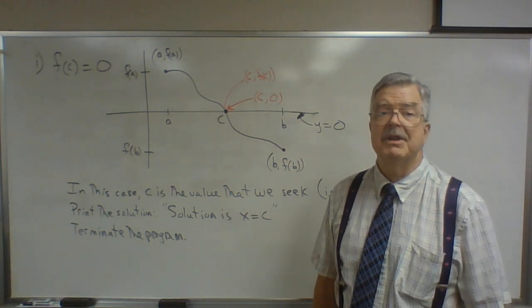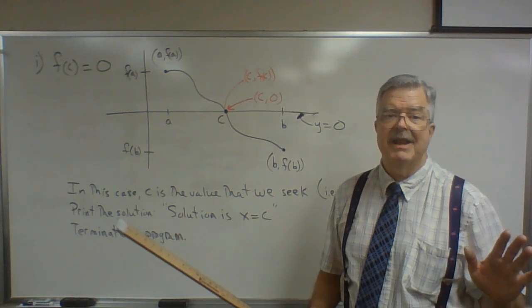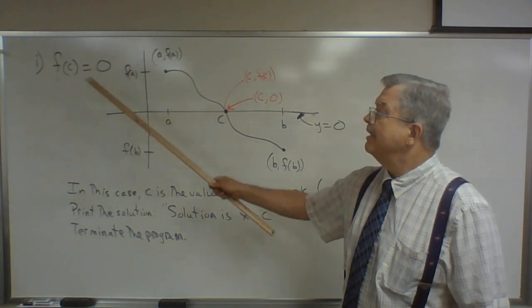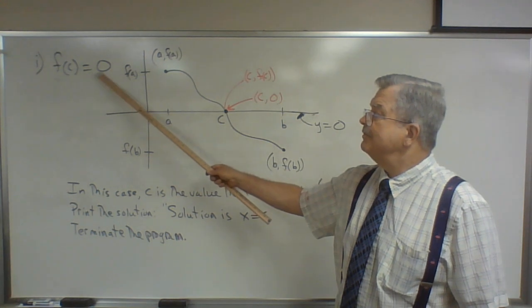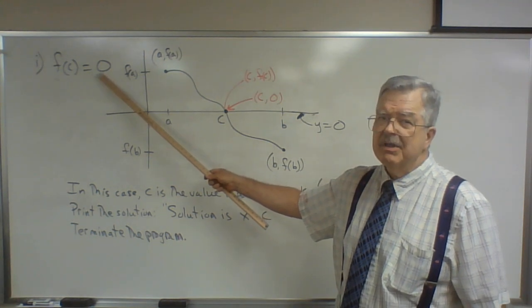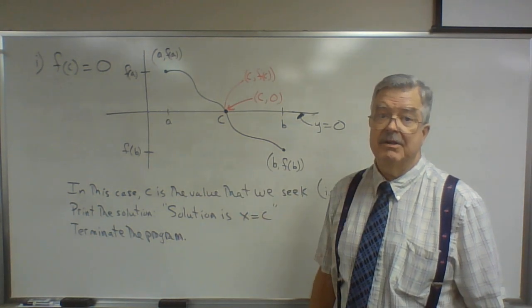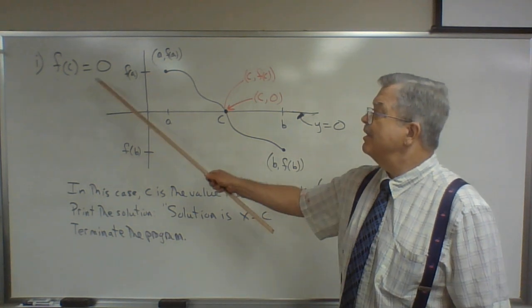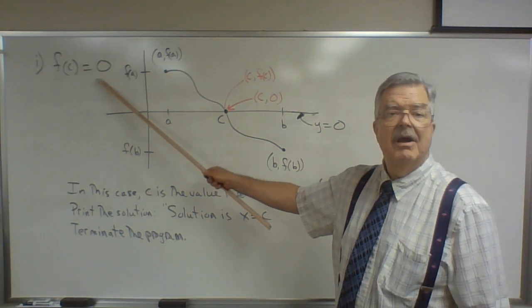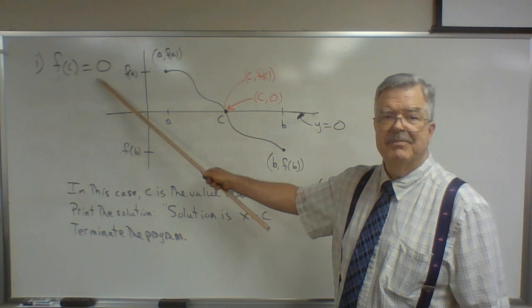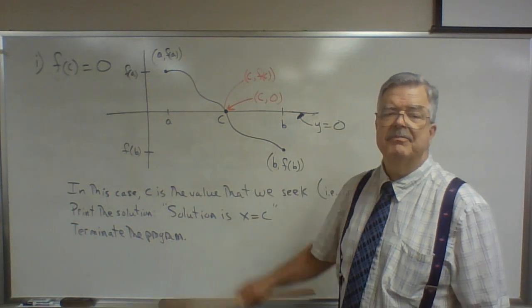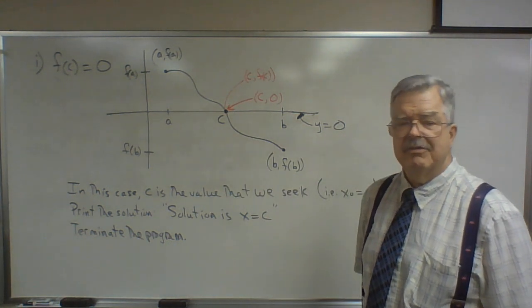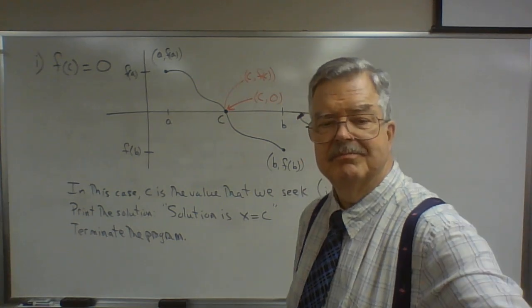Probably won't happen, but it could, so we prepare for that eventuality. F of c equals 0. Probably won't happen, but it could. So in our program, we prepare for that possibility. Now let's look at the other two cases.